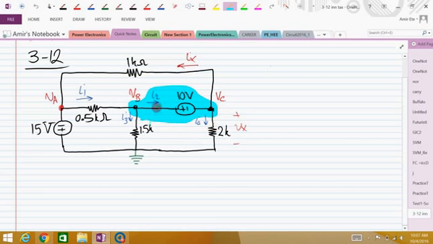So let's do that. And also, as I said, VA in this example is what? Minus 15. Why is it minus 15?